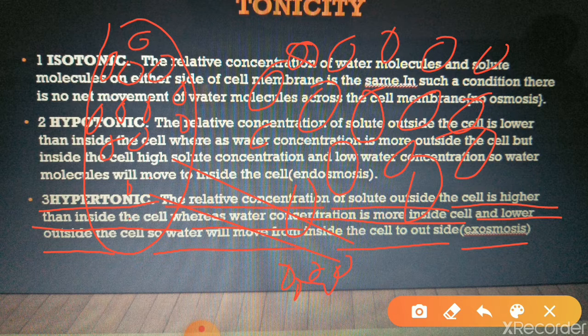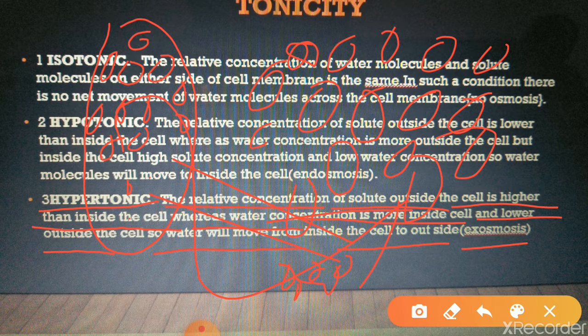In this case, what will happen? The water molecules will move from inside the cell to outside the cell. Here exosmosis will take place.